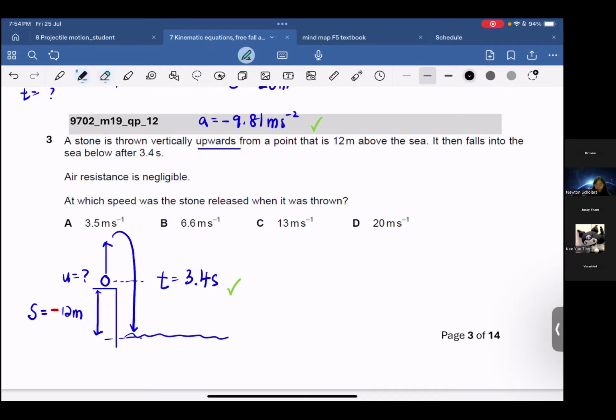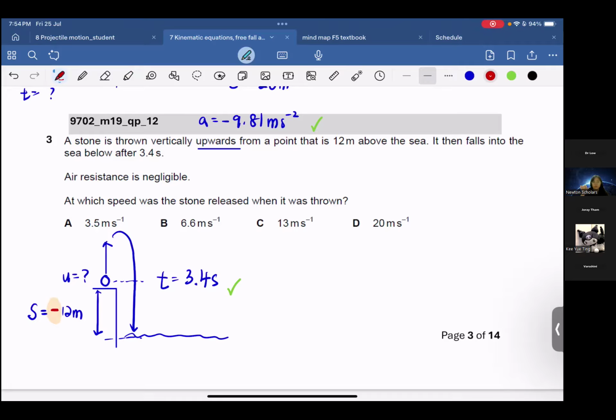So highlight here, this one is negative, because we throw upward, then the displacement at the end goes down. It's the opposite direction, so we put a negative. Okay, so the question is asking, what is your U? You have 3 pieces of information, physical quantities.